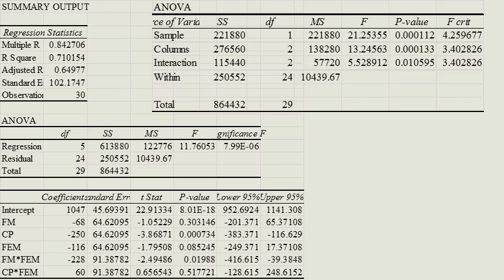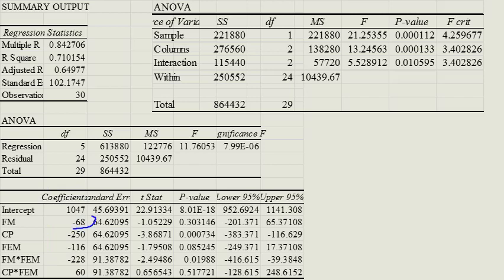Let's look at the regression coefficients. Once again, the intercept represents the baseline, or male pharmacists. And ordinarily, the slope coefficients would represent the difference between that category and the baseline.